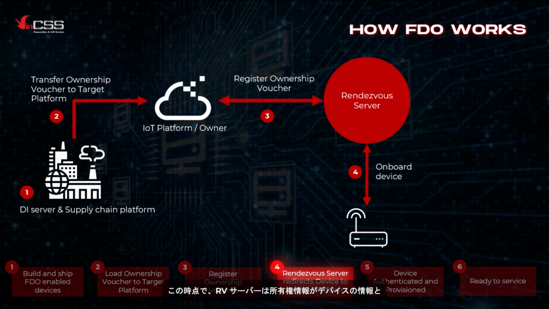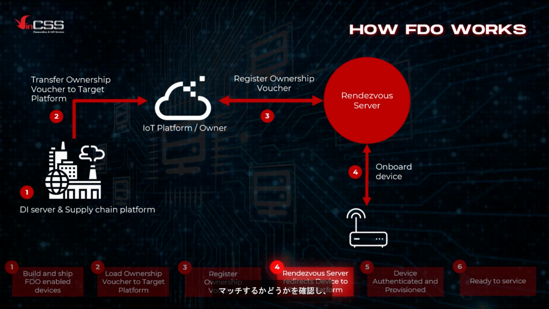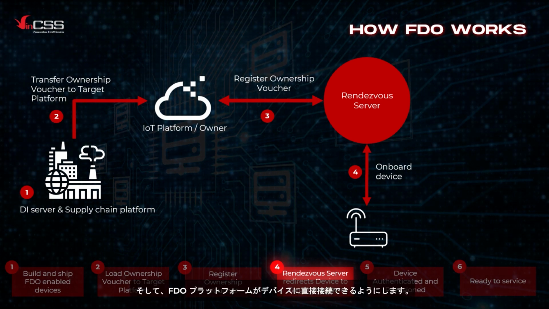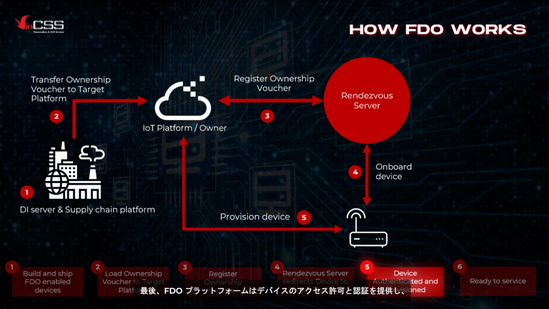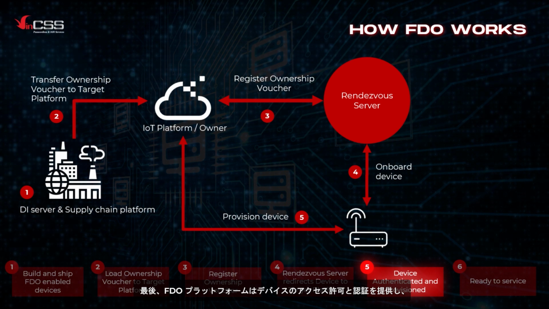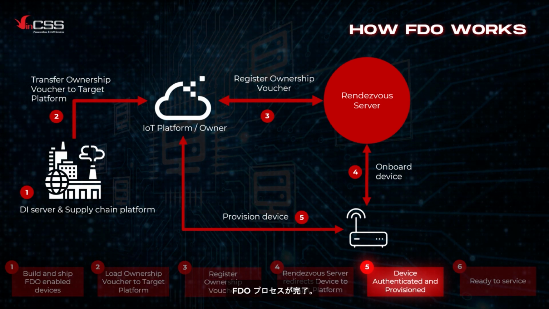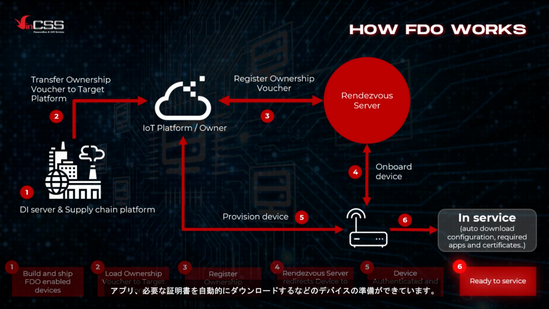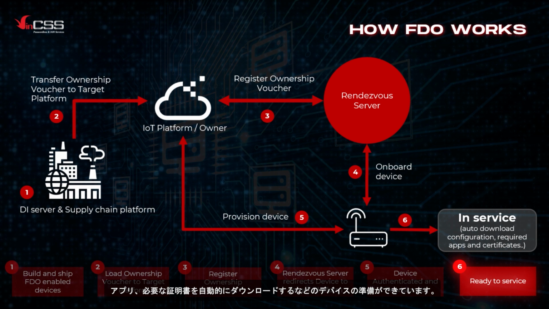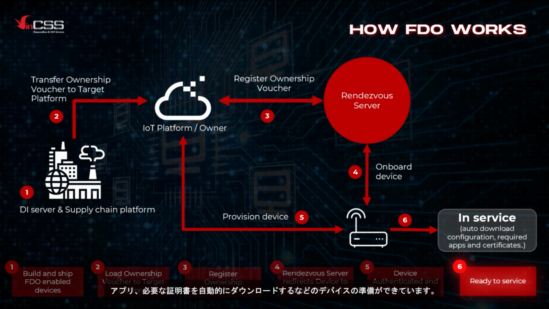At this time, the RV will verify that the ownership information matches the device information, then it will let the FDO platform connect directly to the devices. Finally, the FDO platform provisions and authenticates the devices, and the FDO process completes successfully. Last but not least, the devices are ready for services such as auto download, configurations, required apps, and certificates.